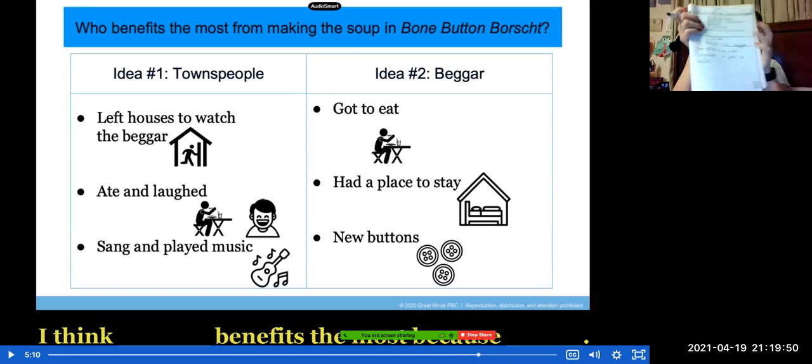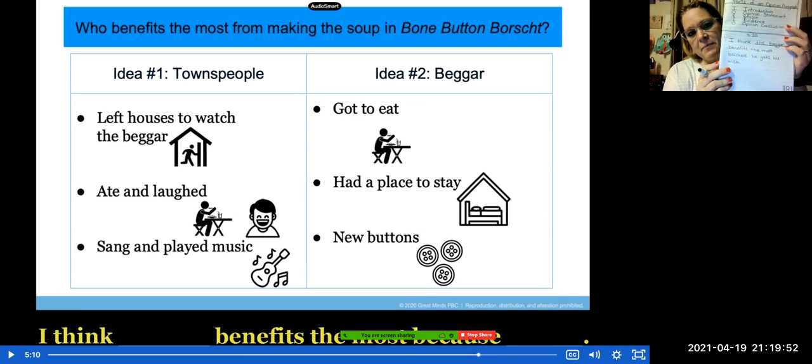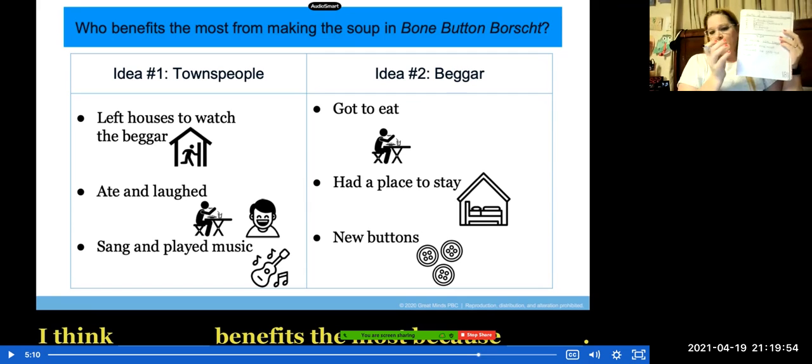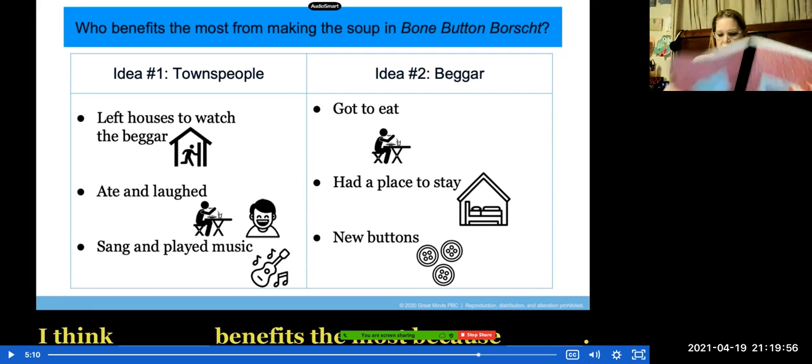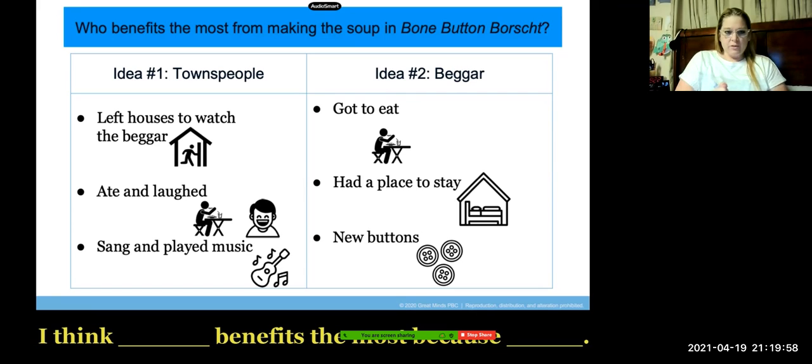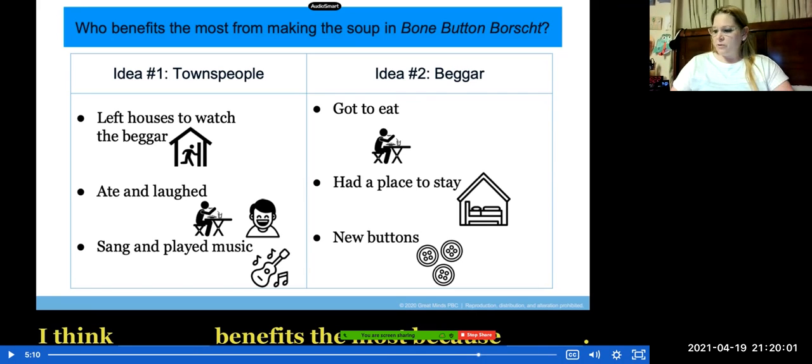Okay, so then this is my opinion statement. All right, so you are going to do this on your page 181. You're going to use this sentence prompt on the bottom of the screen, and you're going to tell me who you thought benefited the most. In your opinion, is it the townspeople or the beggar? And you're going to tell me why you think that.